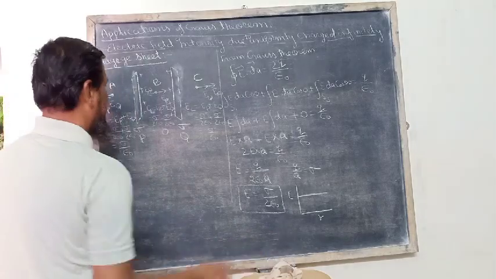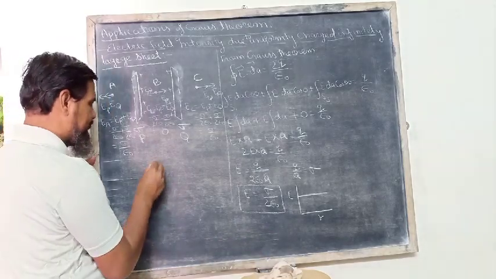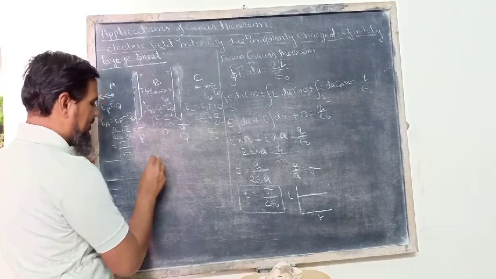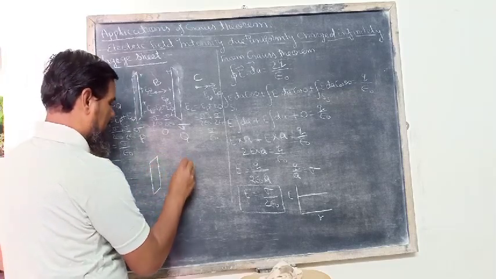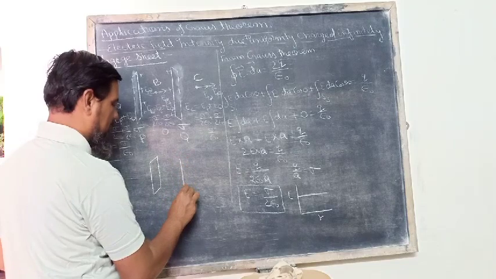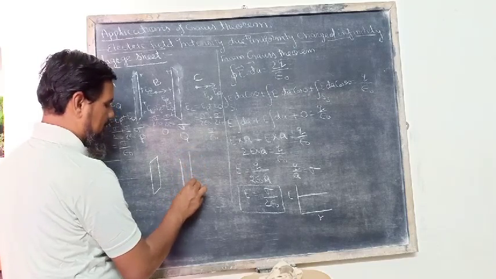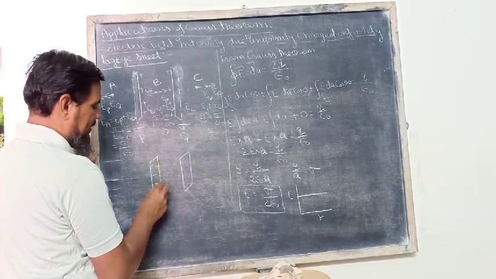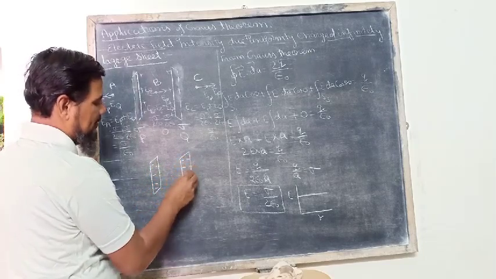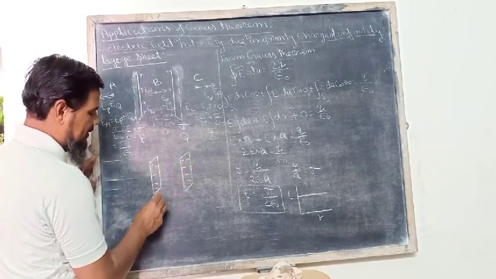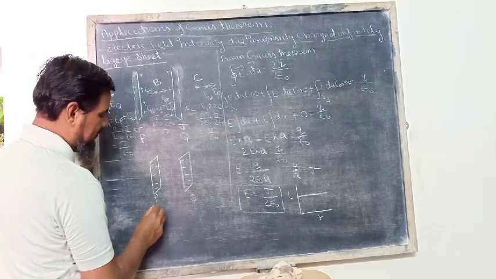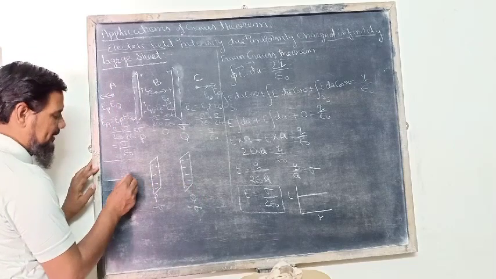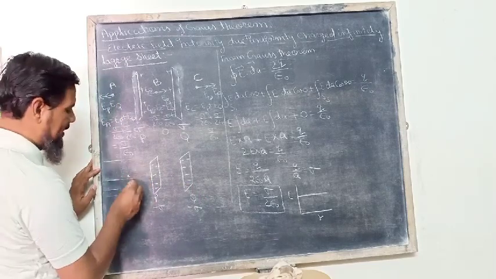The similar result can be obtained for two negatively charged plates, but the direction of electric field intensity will be changed. Both are negatively charged plates. This is the P plate, this is the Q plate. The surface charge density is minus sigma, we consider them equal. You may consider different ones also.